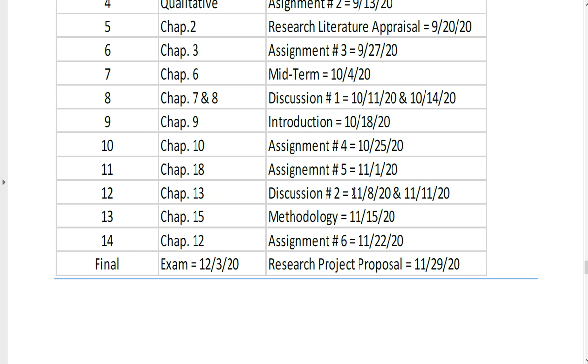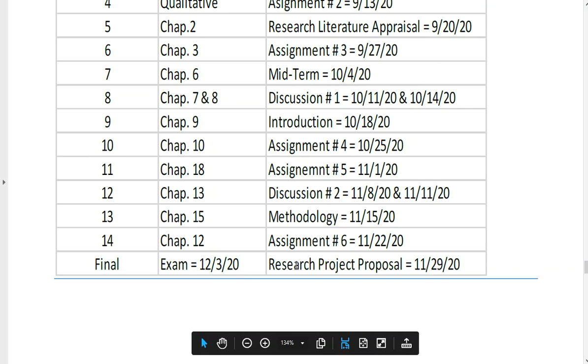Then you have the methodology rough draft, and then your methodology paper. Notice the time frame on these. There's only so much time because it's right there, making final edits, not having to change everything around. Assignment 6, as I said, is going to be your IRB certificate. And then you see that your research project proposal is due.